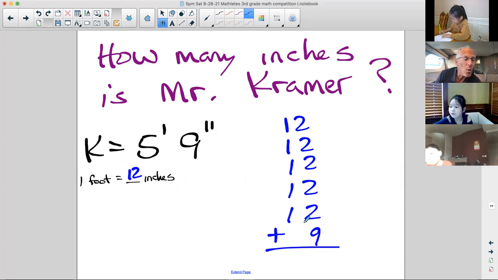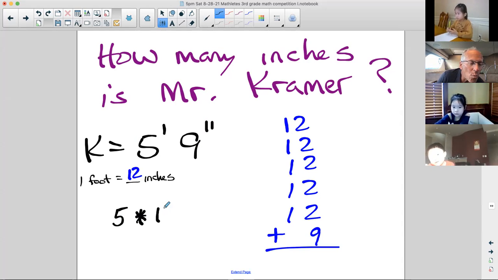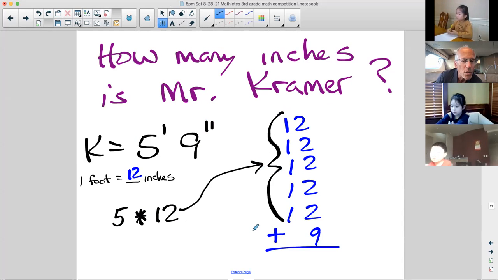Now, remember, we're really doing multiplication here. We're doing 5 times 12, and we're doing it with addition, repeated addition. So who wants to count with me, everybody?